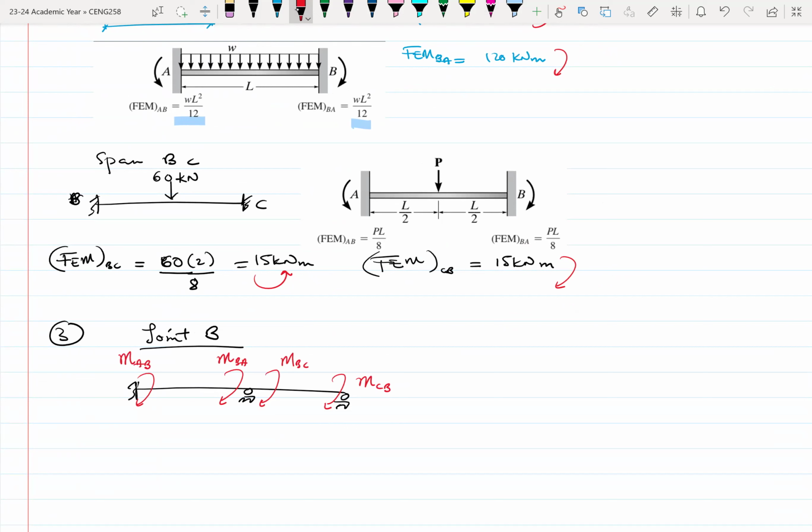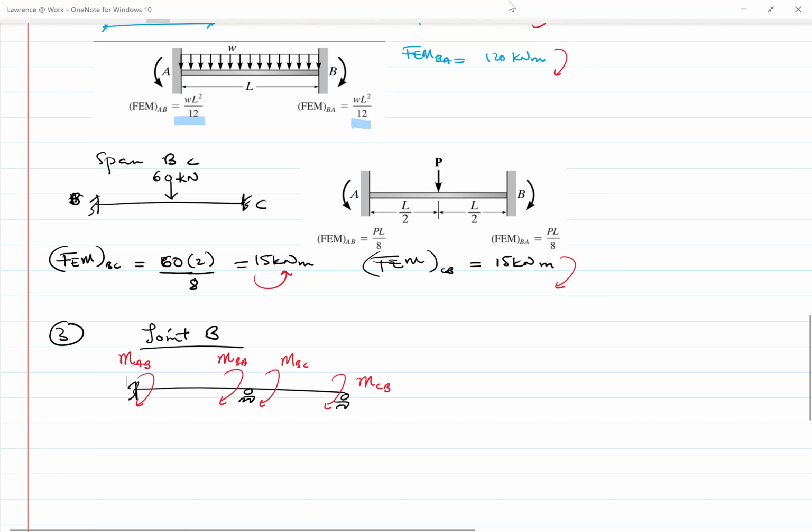The way we label them is that M is the moment, and the subscript, whether BA or AB, defines the span you are looking at. All right. And then which letter comes first determines which end of the span you are looking at. Okay, so that's basically what we are trying to work our way around.